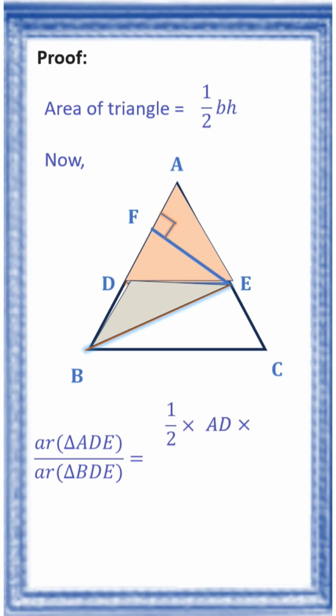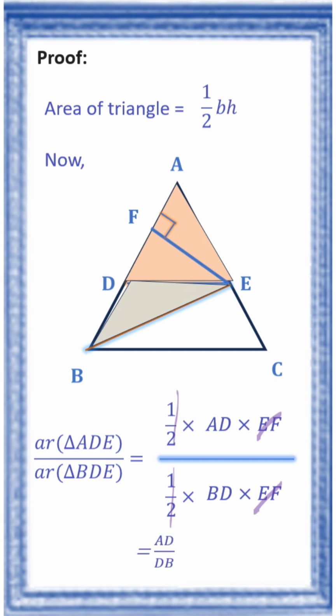Half into base AD, height EF, upon area of triangle BDE, half into base BD. Look at the figure, you will understand. Height is EF. Here half and half cancel, EF and EF cancel. So area of triangle ADE upon area of triangle BDE is equal to AD upon BD. Let this be equation number 1.